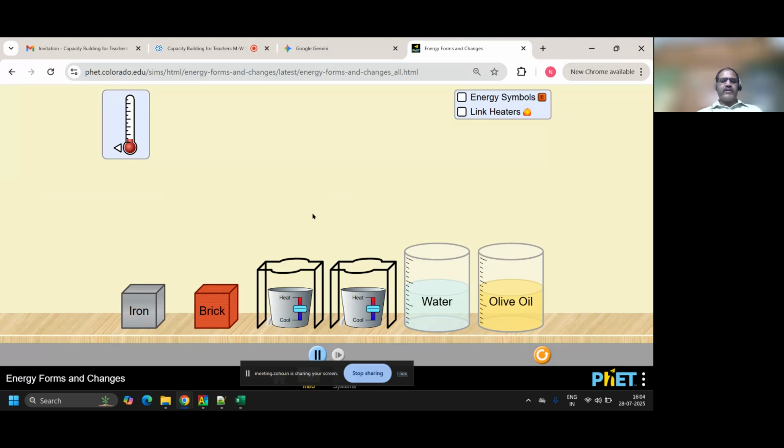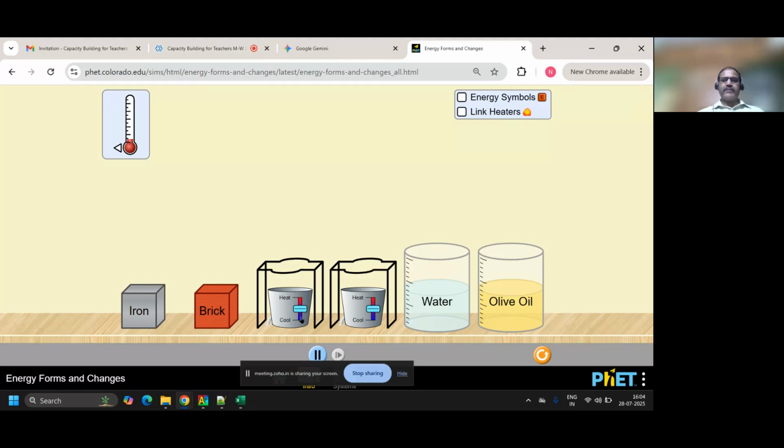If you see here, I have water, olive oil, and then I have a lamp or heat source and a cooling source below that. There's an iron and a brick. Again, this can be used to teach various things.